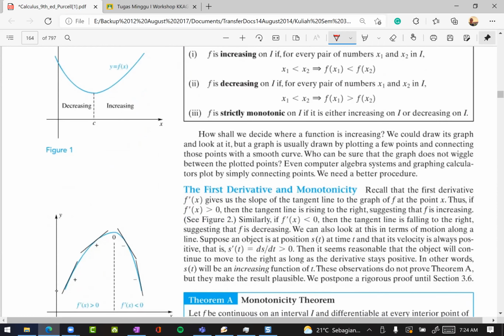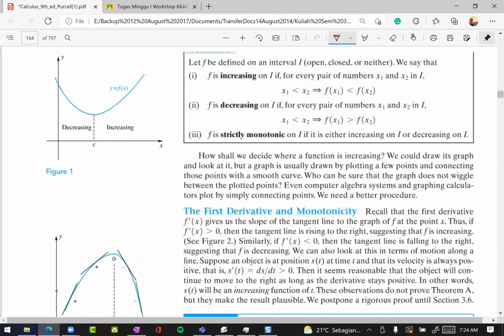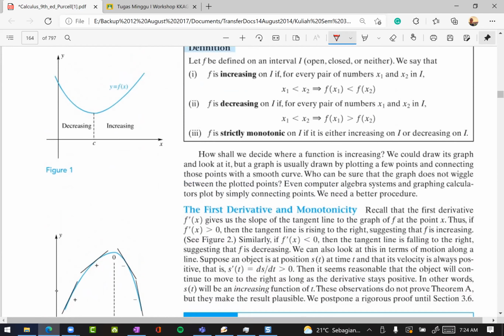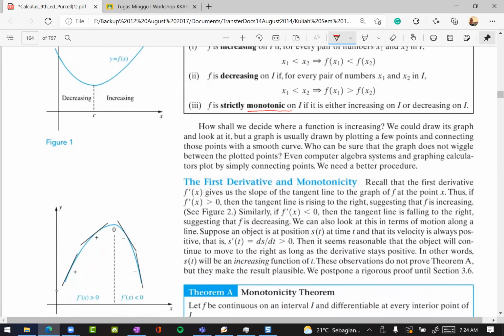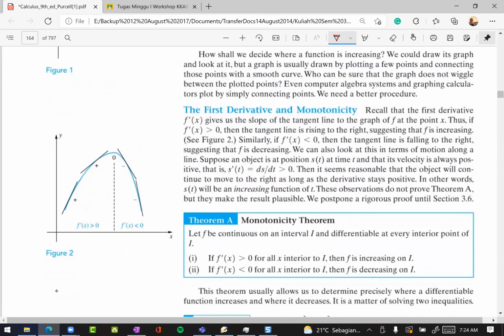So what's the idea of monotonicity? Decreasing and increasing, we call it monotone. This is the monotonicity theorem.